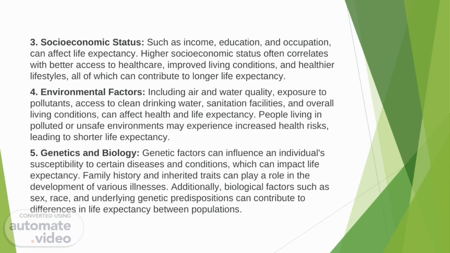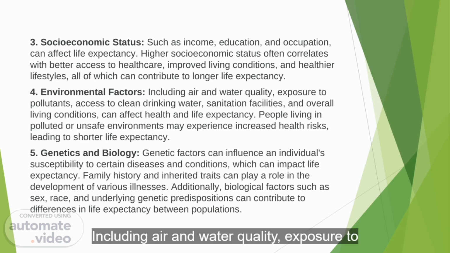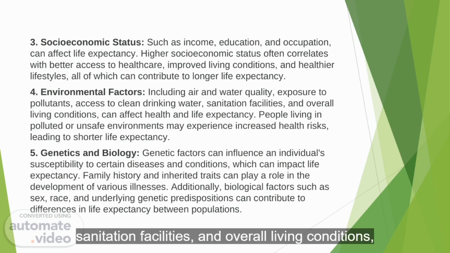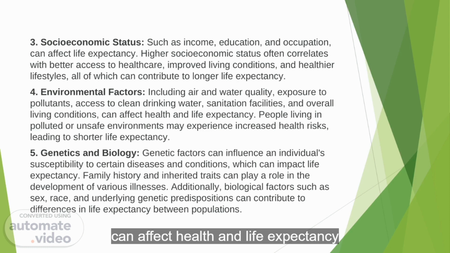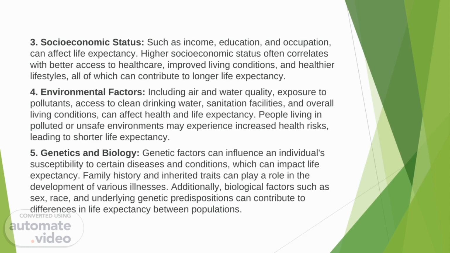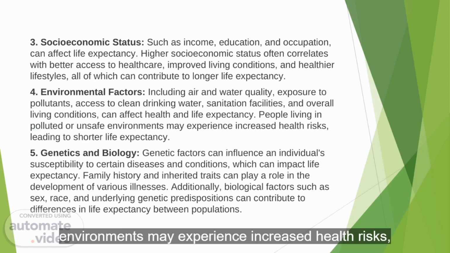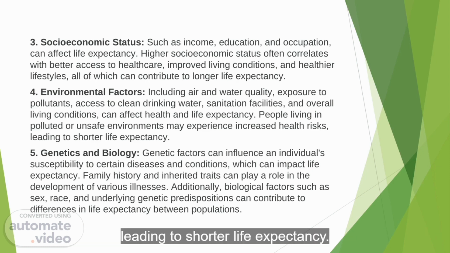Environmental factors. Including air and water quality, exposure to pollutants, access to clean drinking water, sanitation facilities, and overall living conditions, can affect health and life expectancy. People living in polluted or unsafe environments may experience increased health risks, leading to shorter life expectancy.